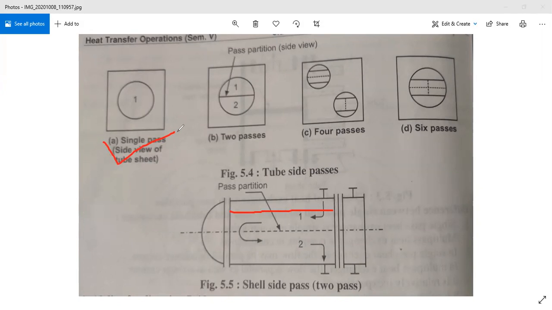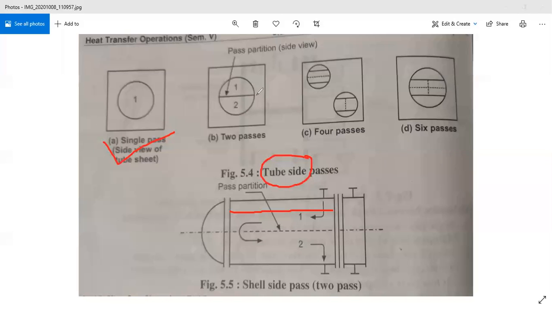If pass partitions, that is metal sheets, are incorporated, that may be for the shell side fluid or for the tube side fluid, in such a way that there are two passes, that may be for the tube side or for the shell side. So if you observe this arrangement for the tube side passes, you can understand what exactly the tube side passes are.